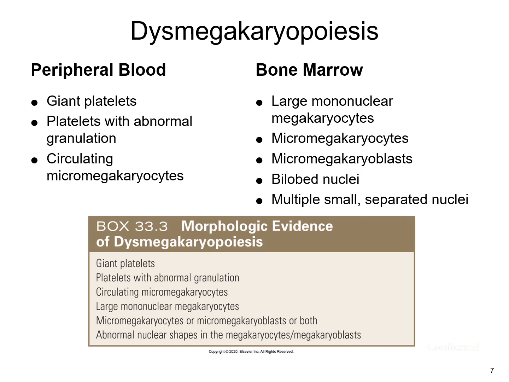Now in the bone marrow, those megakaryocytes can also show an abnormal morphology. So you can have large mononuclear megakaryocytes, micromegakaryocytes, or micromegakaryoblasts. The nuclei in these cells may be bilobed, or they can have multiple small separated nuclei.